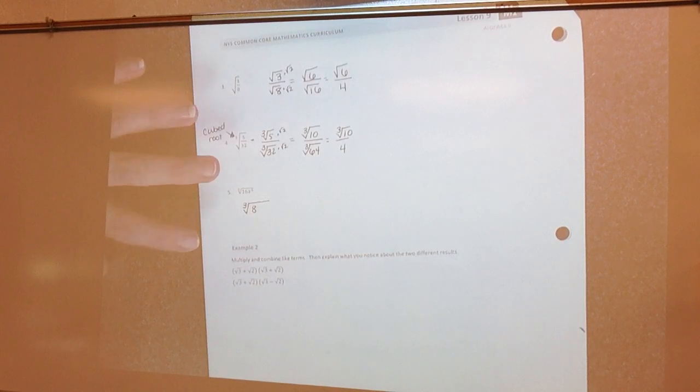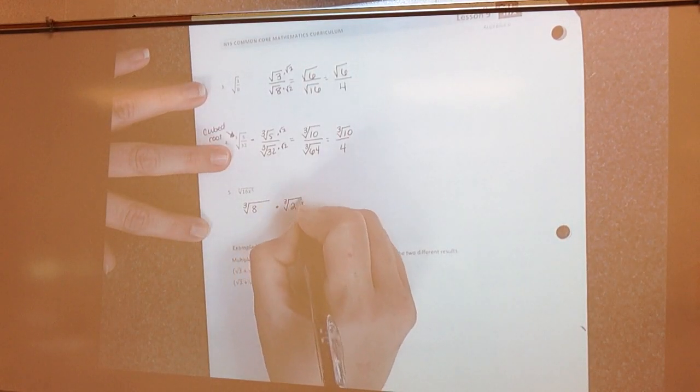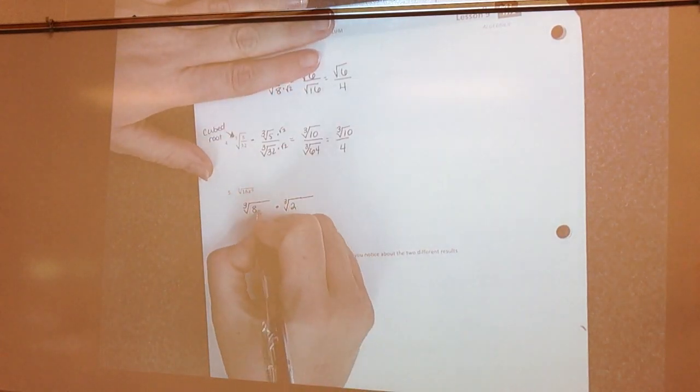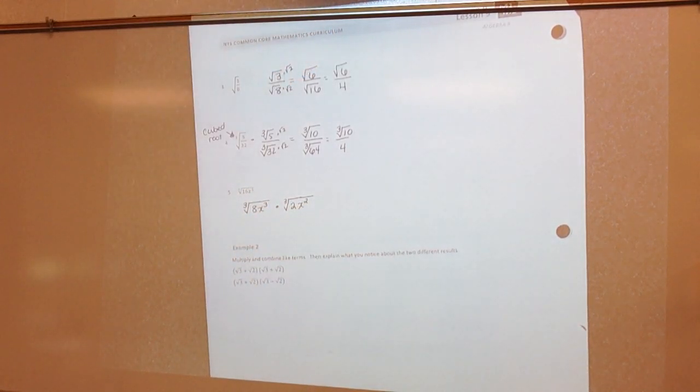So 8, and I'm going to show you something here in just a second, times 2. Now let's deal with that x. What would give me x to the 5th? Well, I can do x cubed and x squared. And now I've broken this up into a perfect cube all the way around.